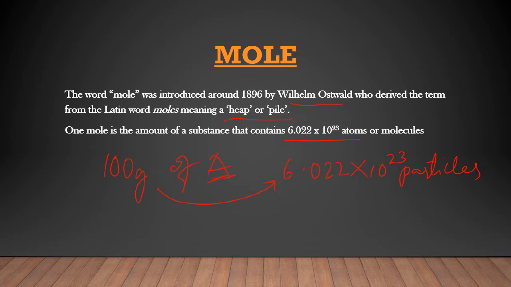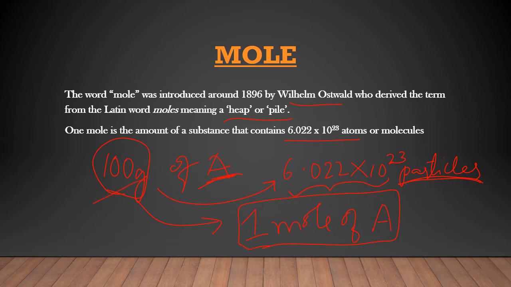That depends on A. If this A is an element, then it will be atoms. If this is a compound, then it will be molecules. So if I have 100 grams of a substance, and if it contains these many particles, that means this 100 gram is representing 1 mole of A.